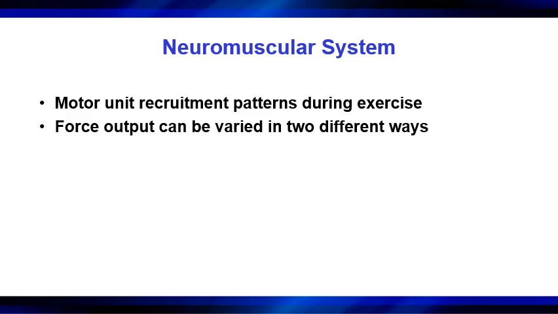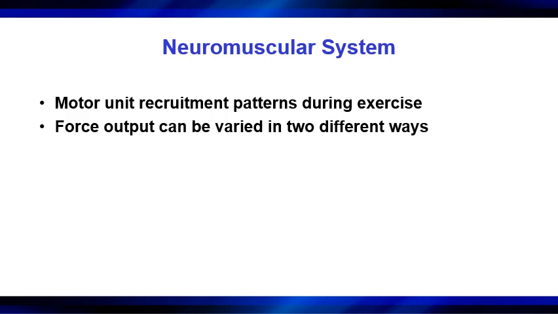The force output can be varied through a change in the frequency of the activation of individual motor units, or a change in the number of activated motor units. Okay, and we talked about those two concepts before. So if that's not making sense, go back and look at what we said about how motor units operate and how they're recruited. This is kind of summarizing how that functions in day-to-day life.